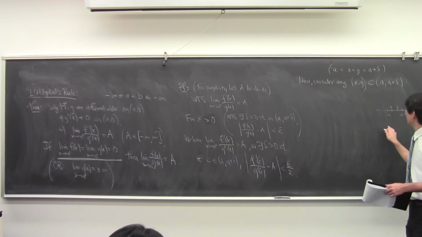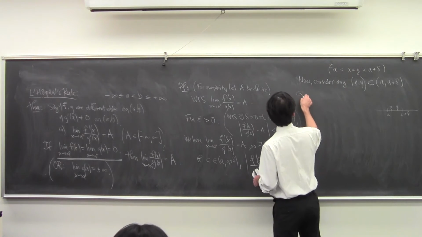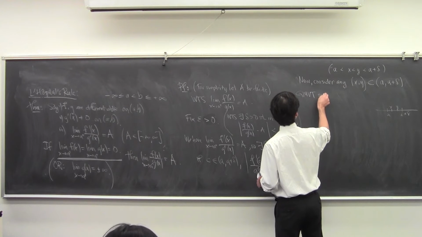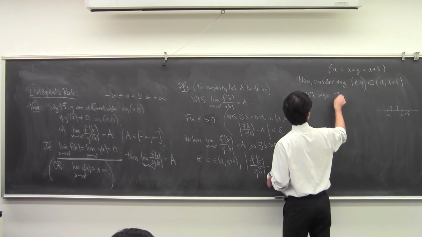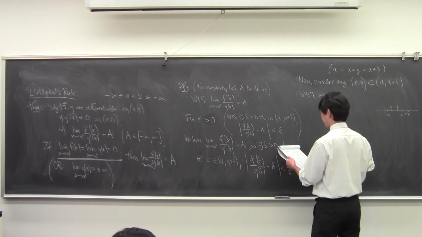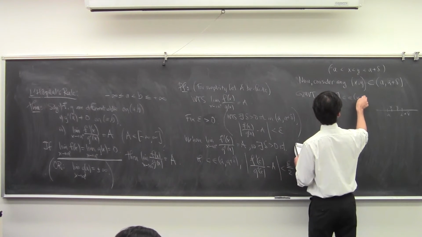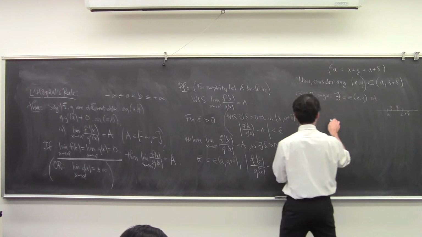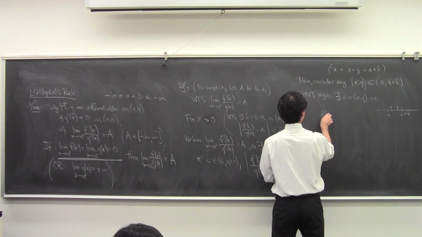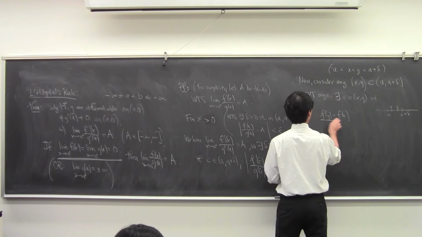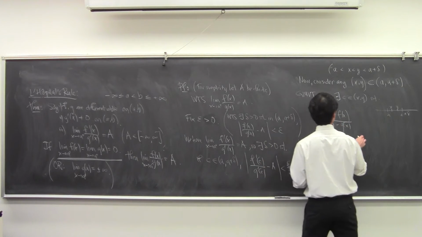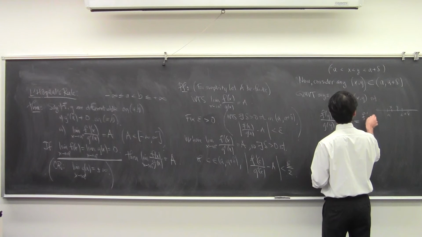The generalized mean value theorem says there's going to exist some point c between x and y such that f of y minus f of x over g of y minus g of x equals f prime c over g prime c.